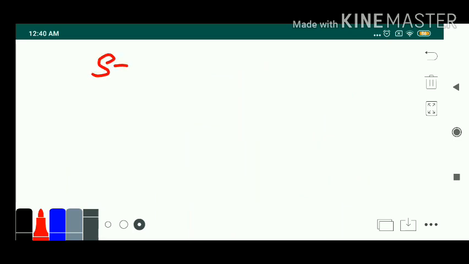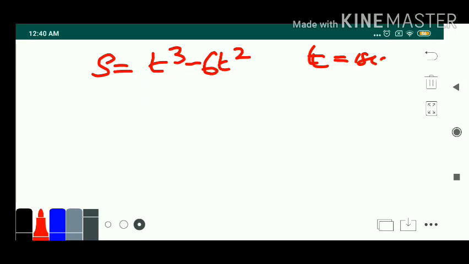See, s is equal to t cube minus 6t square, right? And you are asked what is the velocity, or let's say instantaneous velocity. They might not tell you instantaneous velocity explicitly, but see, if you are asked what is the velocity at t is equal to 1 second, it means you are asked at that instant. So that means you are asked instantaneous velocity. Similarly, what is the velocity at the time when it is 3 second, right?